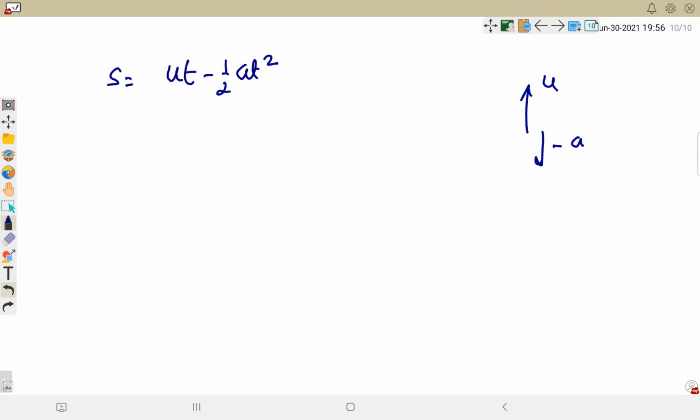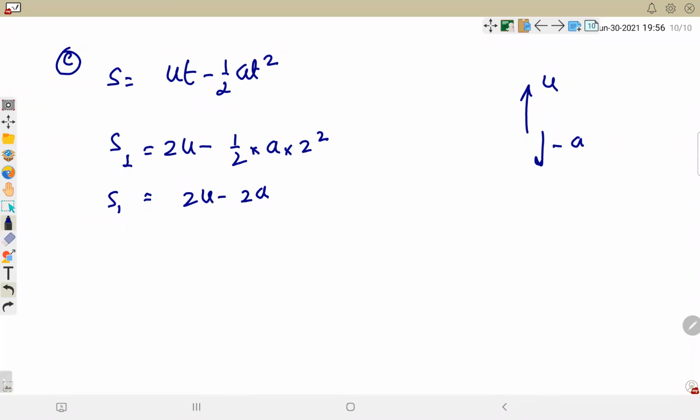Answer is C or B? Correct. Answer is C. Why? Because in the first 2 seconds it will come out to 2u minus half, acceleration a, time 2 square. So in the first 2 seconds of the journey, it will be 2u minus 2a.